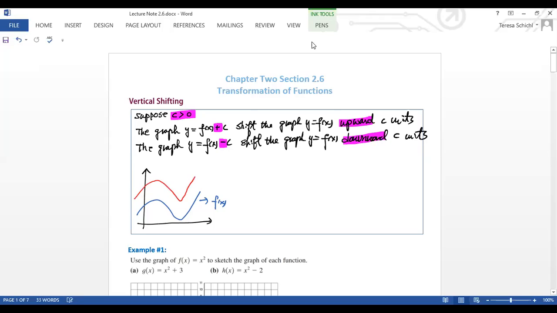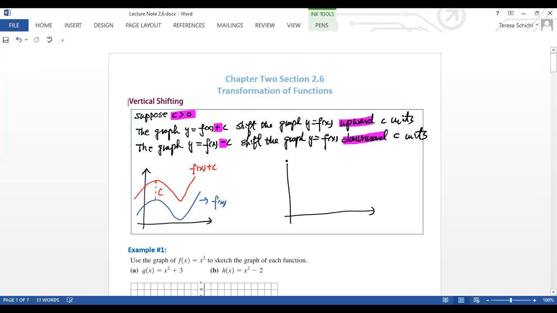All the values are going to add c, so the distance from here to here is c. This is f of x plus c, so your whole function shifts upward.